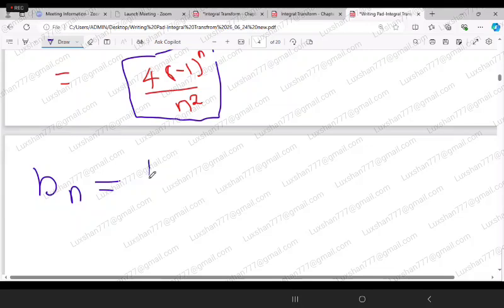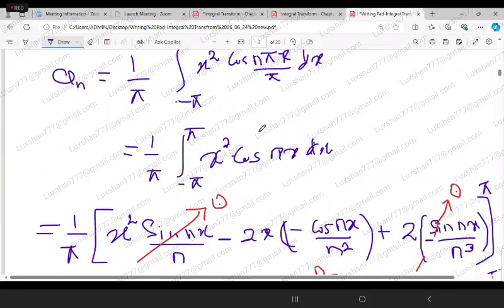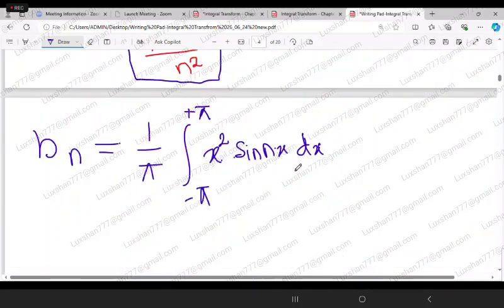So bn is equal to, similarly, 1 over pi integration from minus pi to plus pi of x squared into sine nx, because here also L is equal to pi.